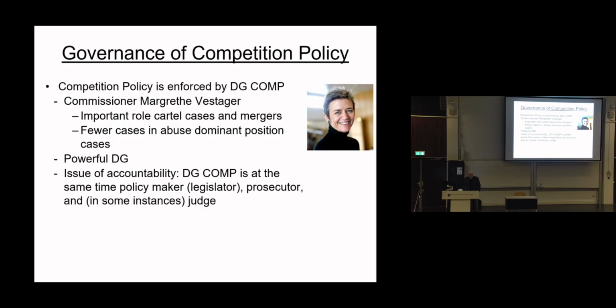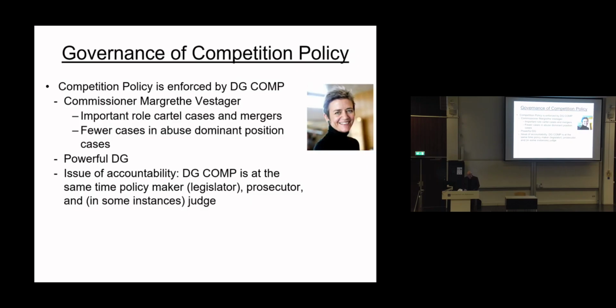It is a very powerful Directorate General, but in the literature it is noted that in this particular field there is an issue with accountability, because the Directorate General for Competition Policy is at the same time a policymaker, a legislator, a prosecutor, and in some instances also a jury.